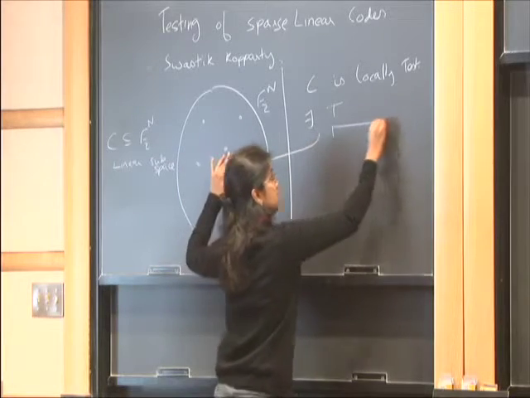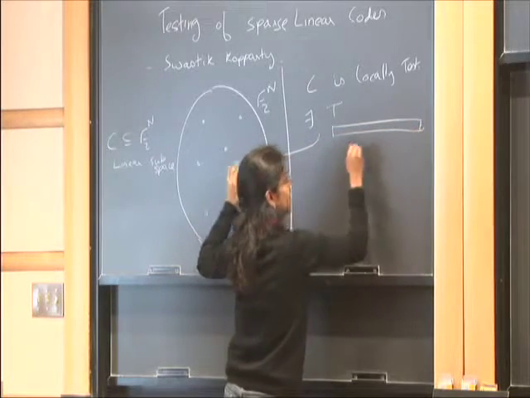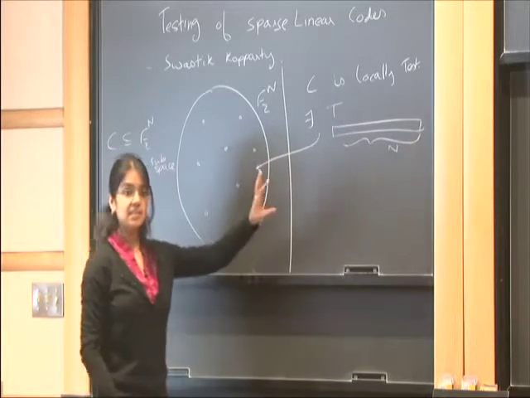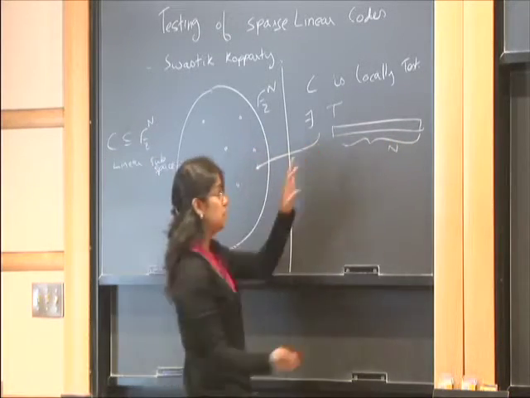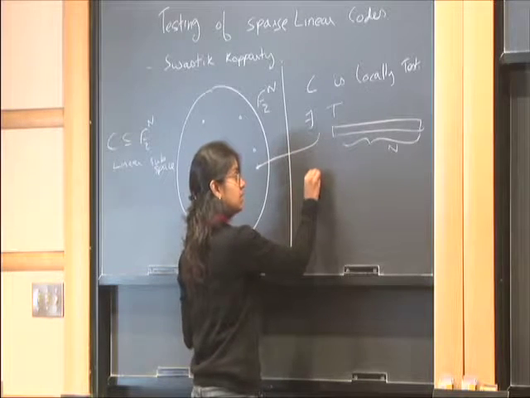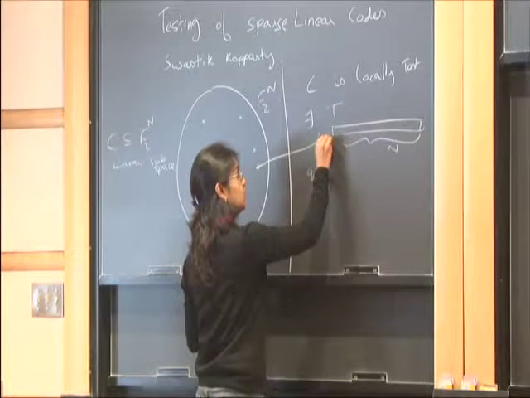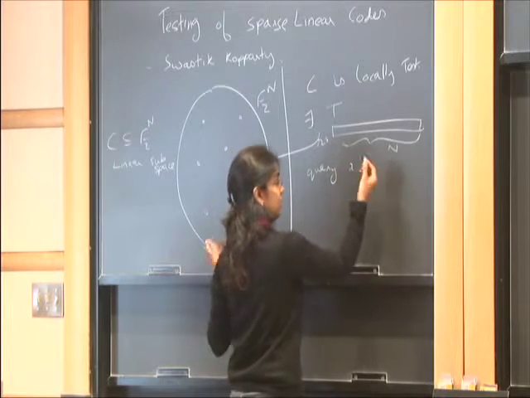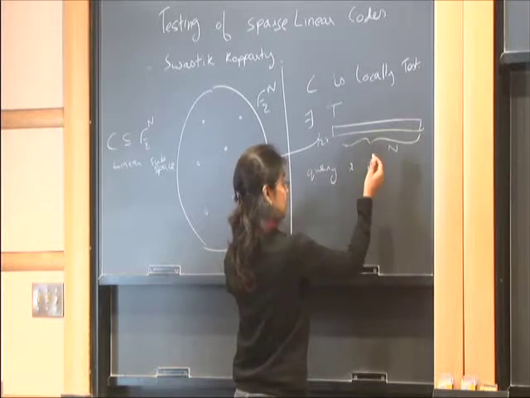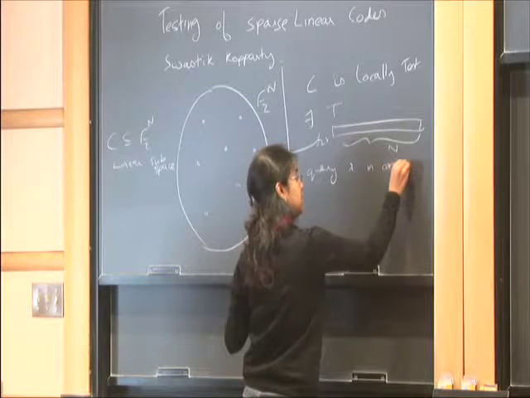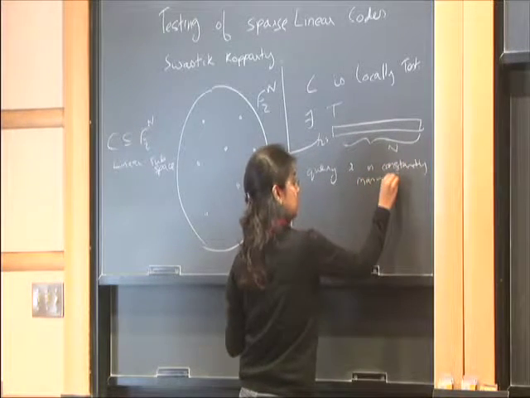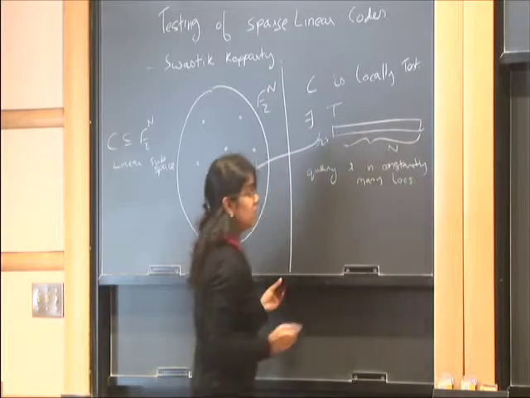So the tester will see some n-bit long string, the received word, and by efficiently querying R in very, very few coordinates, say in constantly many locations, it needs to decide the following.